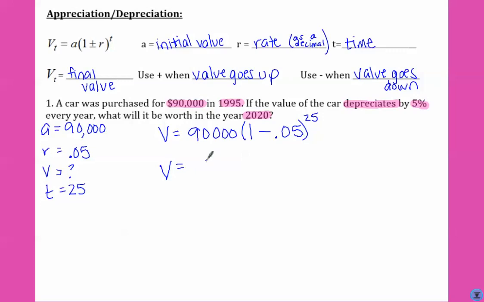And you should get 24,965, and then we're going to round to 2 decimal places because we're talking about money. So .06, and then don't forget to include your units, which in this case is a dollar sign.